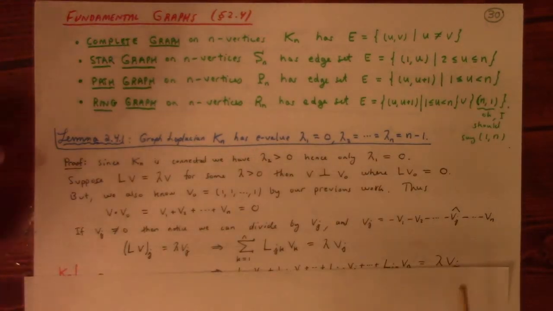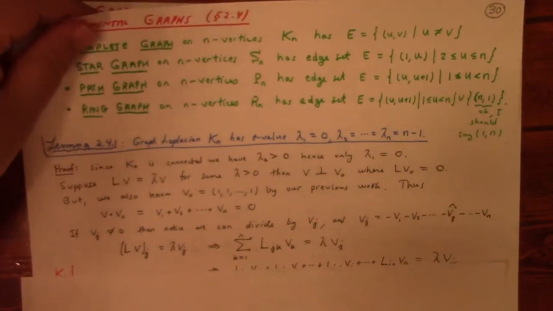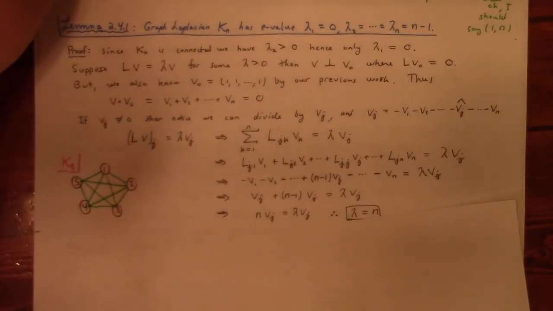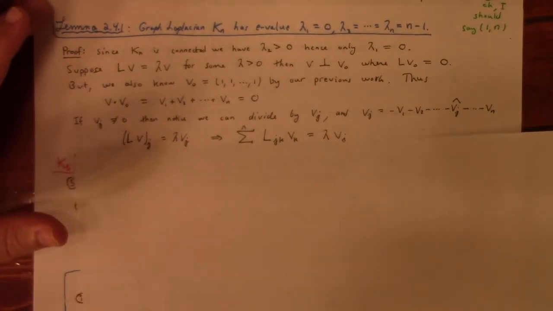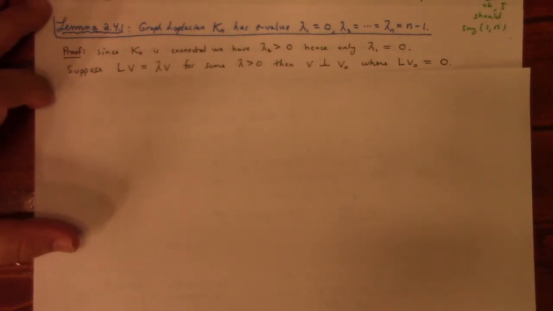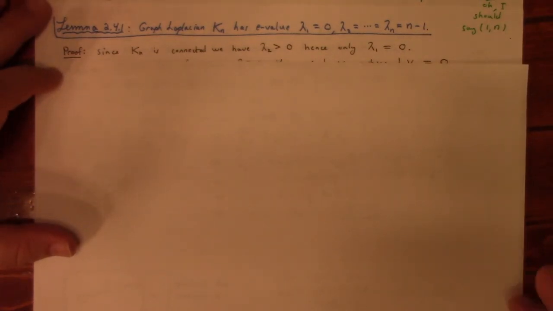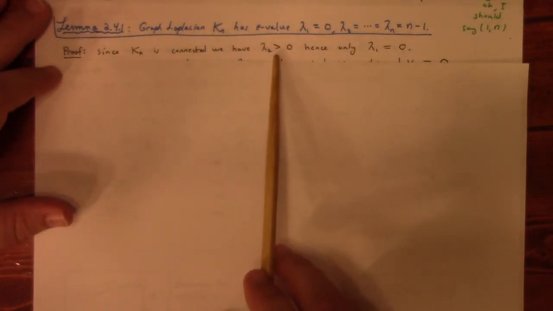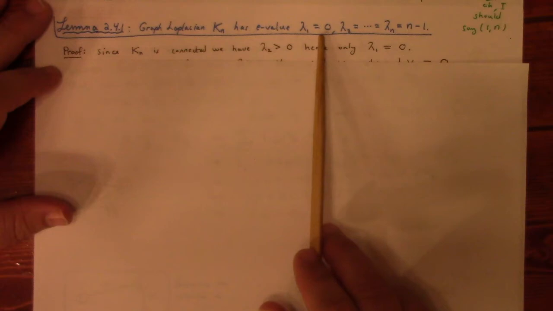All right, so I think the calculations are actually kind of fun, so I'll walk through them here pretty fast, but of course, you can always skip past things you're not interested in. So since Kn is connected, we have that the second eigenvalue is positive, hence only lambda 1 is equal to 0.